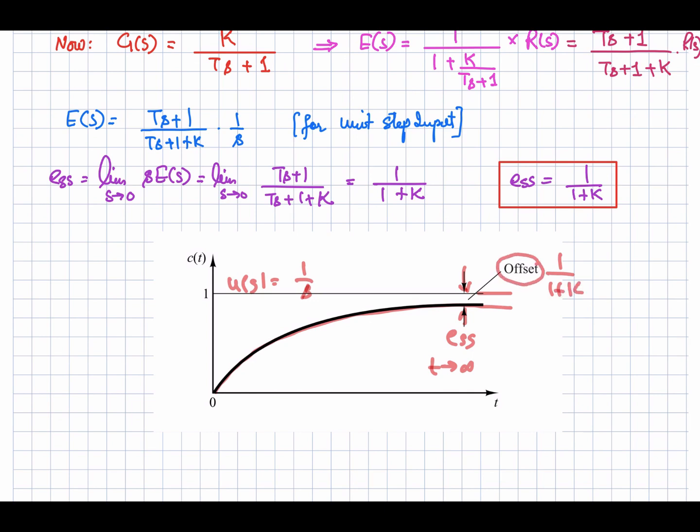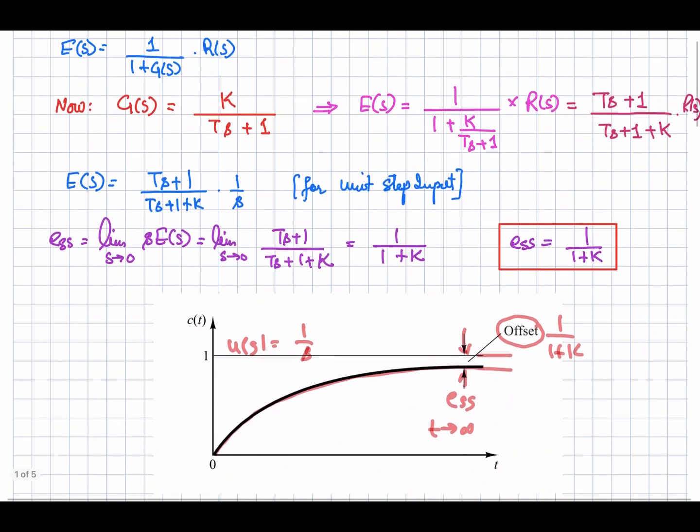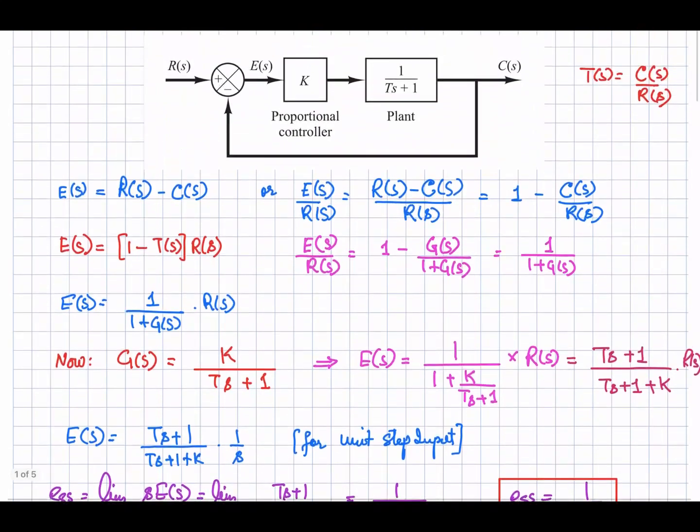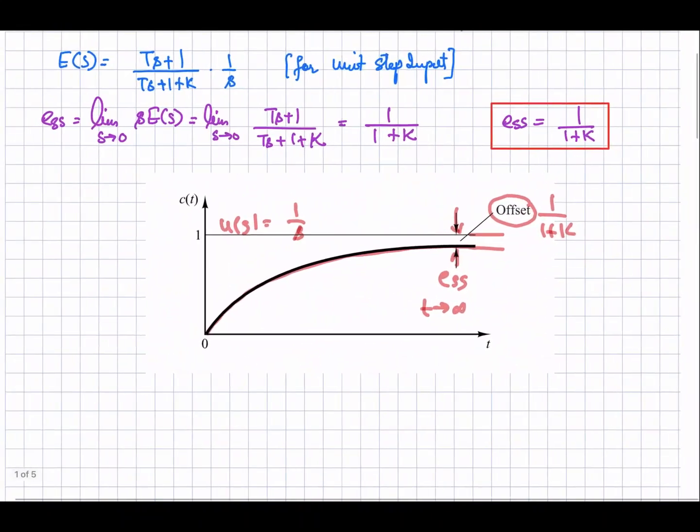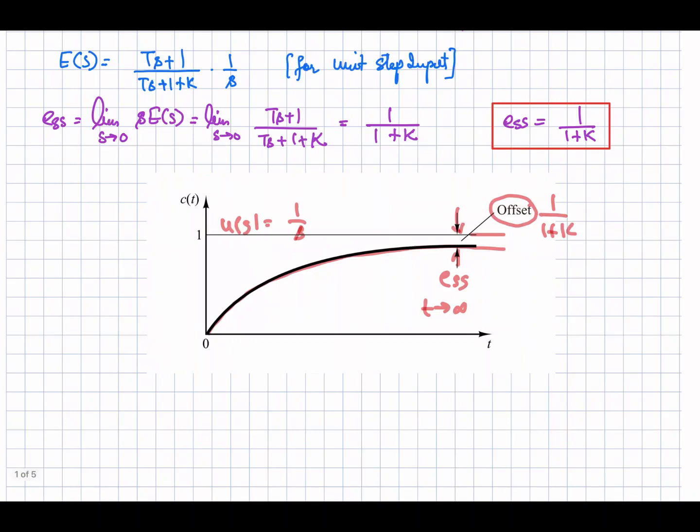Okay, so whenever you have a first order system and a type 0 system, because over here you can see there is no pole at the origin, so it's a type 0 system. For a type 0 system, when we apply the step input, we have the constant error that is equal to 1 over 1 plus K.